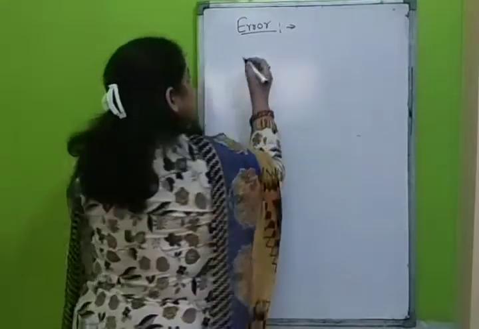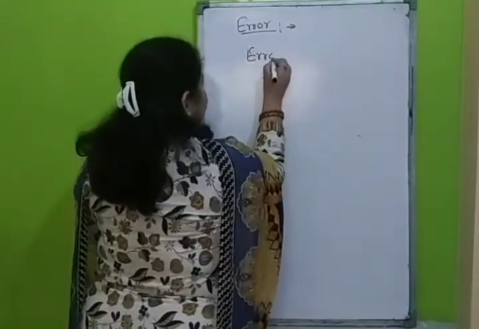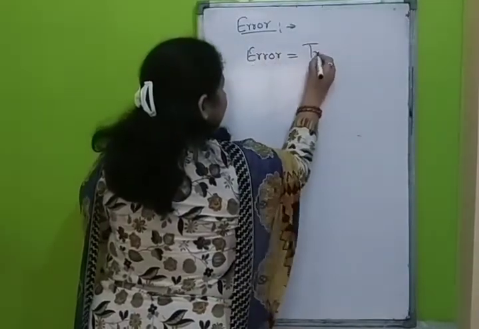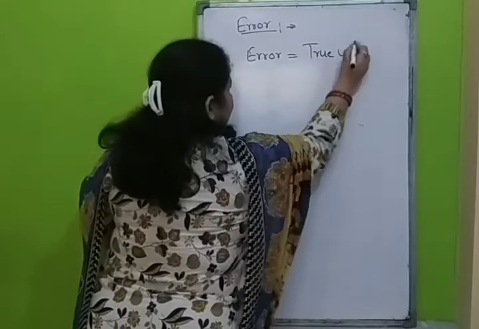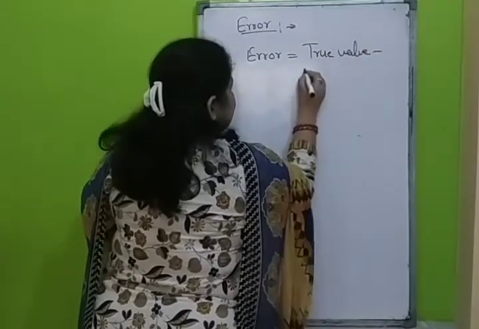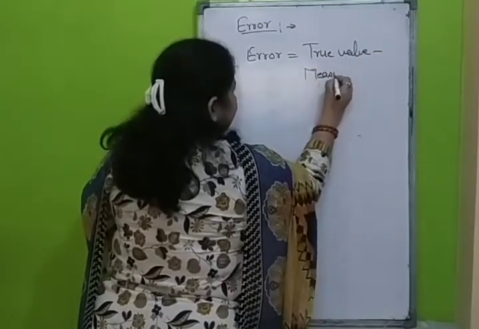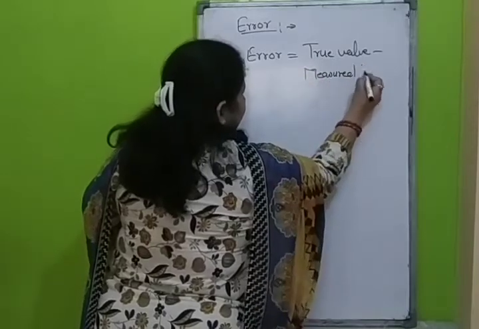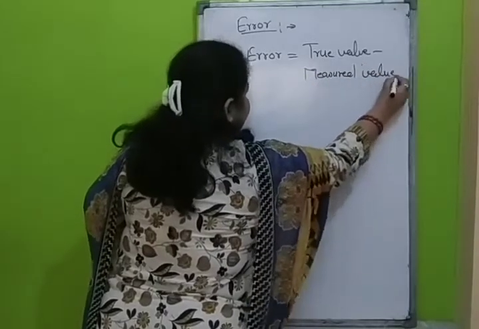Error is true value minus measured value.